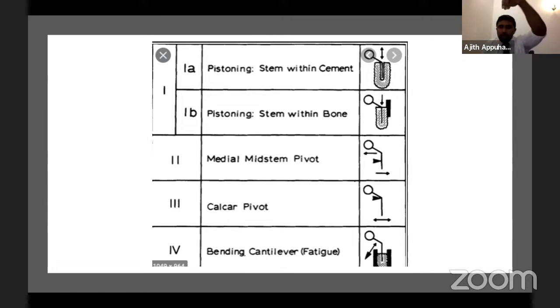The stem is migrating more distally and produces a radiolucent zone at the distal part, and sometimes will cause a punch out fracture near the tip of the cement mantle.